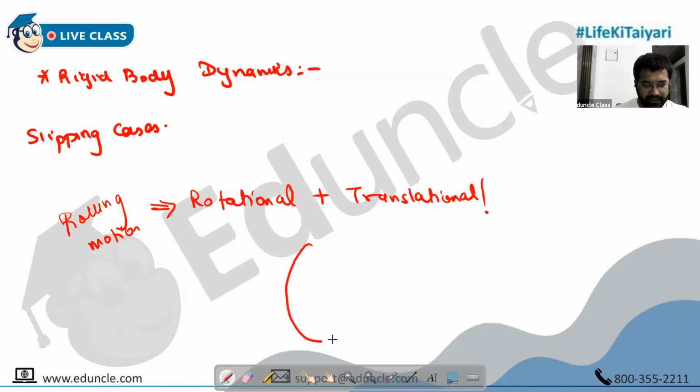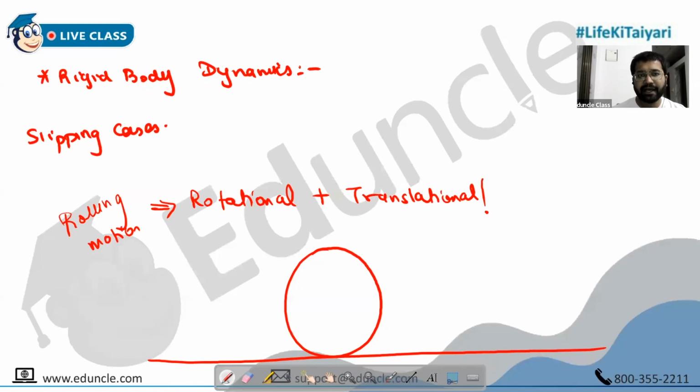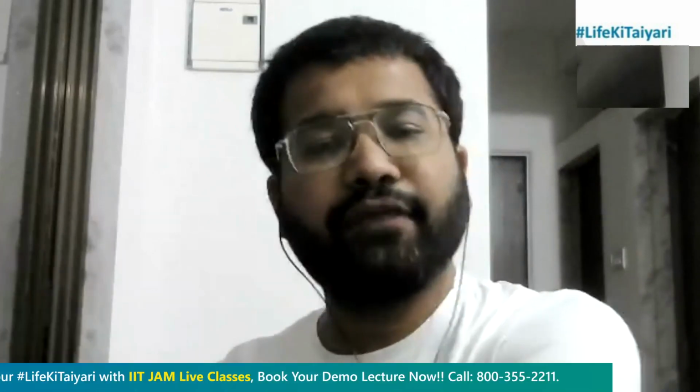Any object which is capable of rolling works this way. Remember, the questions we took in class were related to a solid sphere, and I told you the same question can be created for a hollow sphere, solid cylinder, hollow cylinder, disc, or ring.